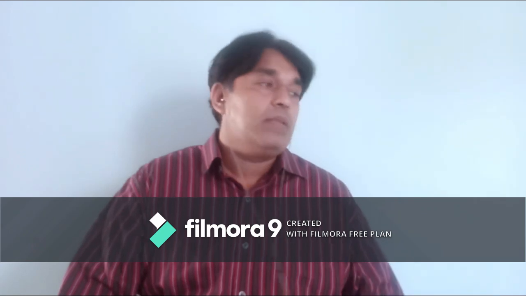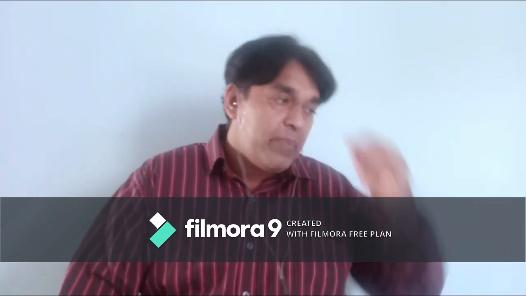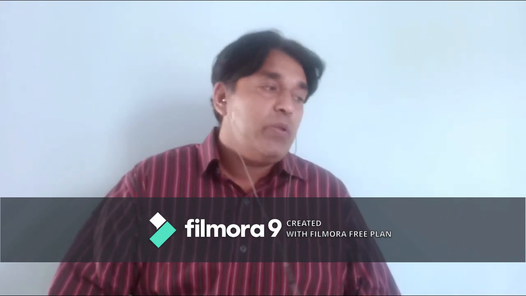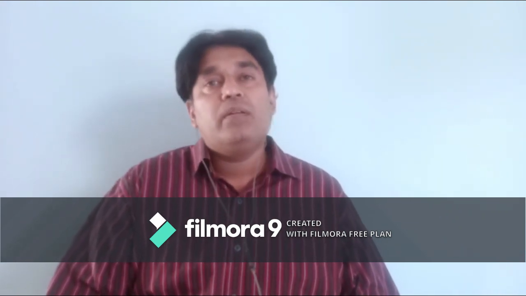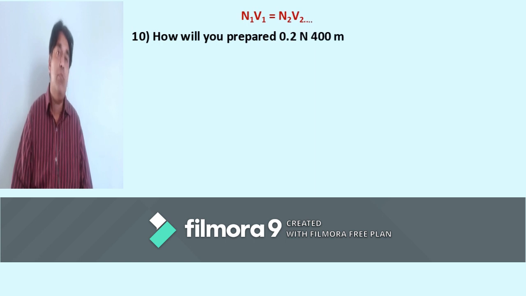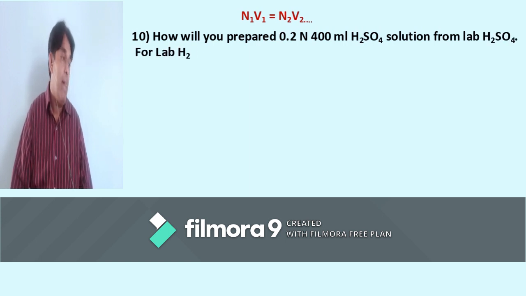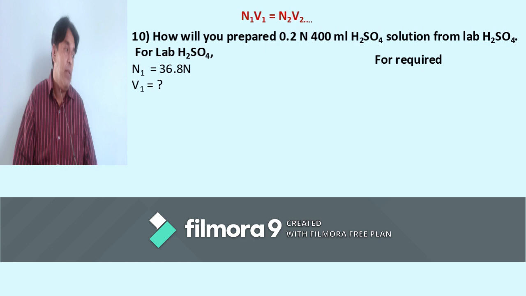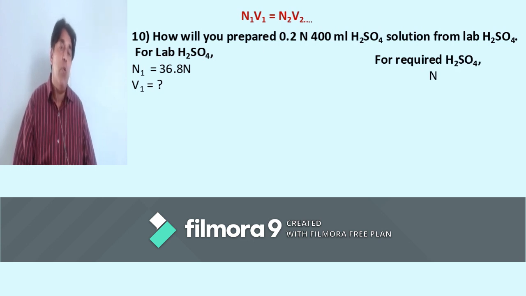The next example, how will you prepare 0.2 normal 400 ml sulfuric acid solution from lab sulfuric acid? We know that the lab sulfuric acid has normality equal to 36.8 normal. Consider the volume of this sulfuric acid as V1. The required sulfuric acid has normality 0.2, considered as N2, and volume equal to 400 ml.